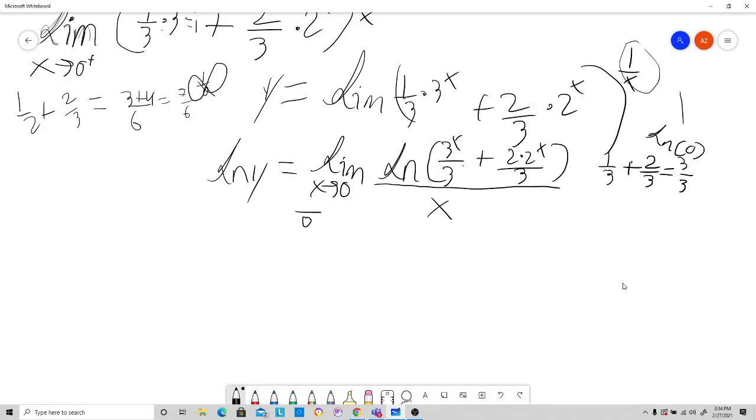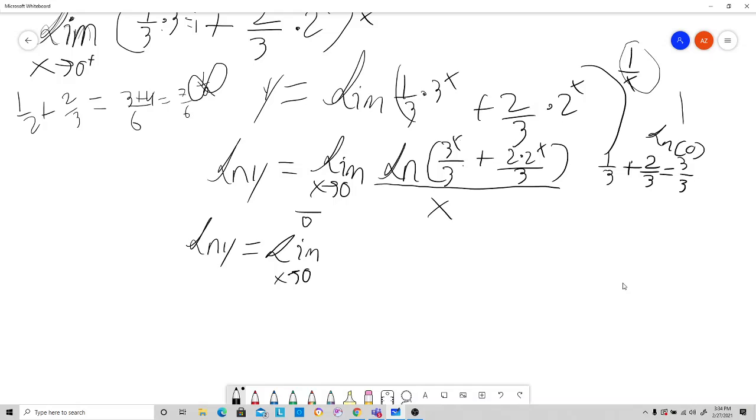So we can use L'Hopital's, and we can take the derivative of the numerator and the denominator. So let's do that right now. The limit as x approaches 0 of the top.